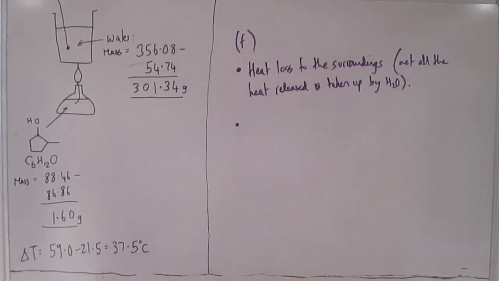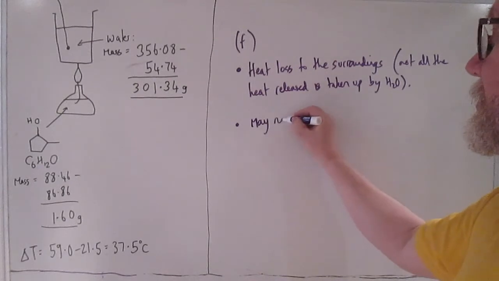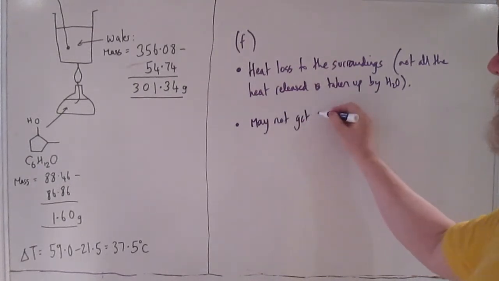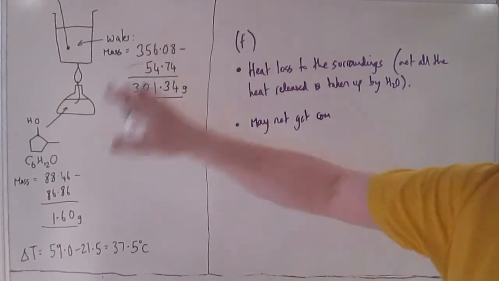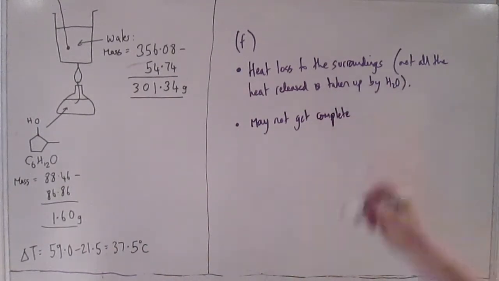Other things you might think of, one of them is that you may not get complete combustion. And remember, that doesn't mean not all the stuff will burn. We know not all of it burns, only 1.60 grams does. It means that when it burns, it doesn't necessarily produce carbon dioxide.